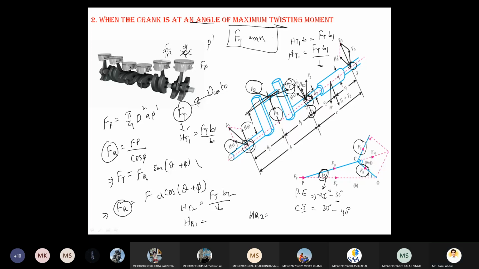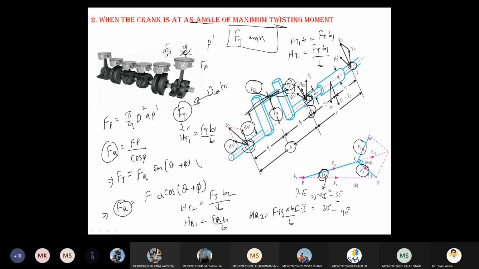HR1 into b equals Fr into b1, so HR1 is Fr into b1 by b, and HR2 is Fr into b2 by b. These two sets of reactions are generated: first HT1, HT2, second HR1, HR2.